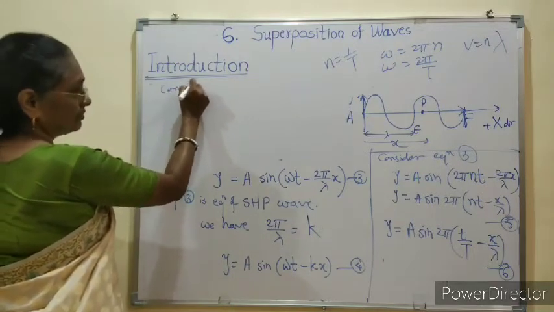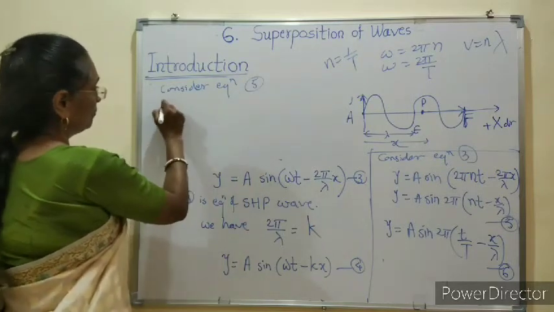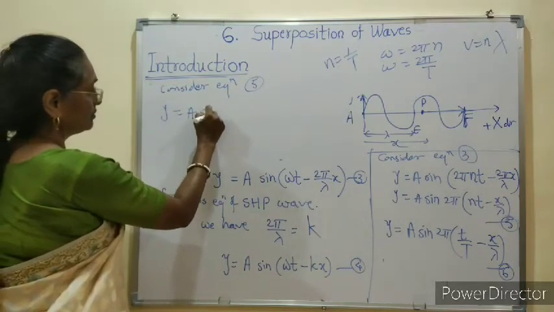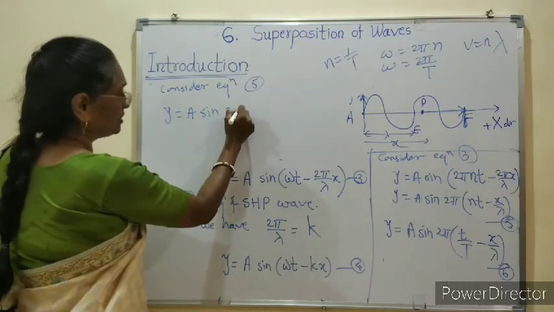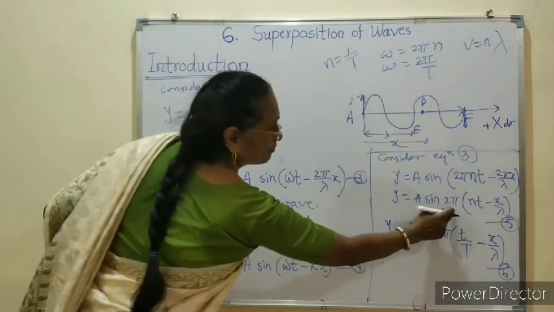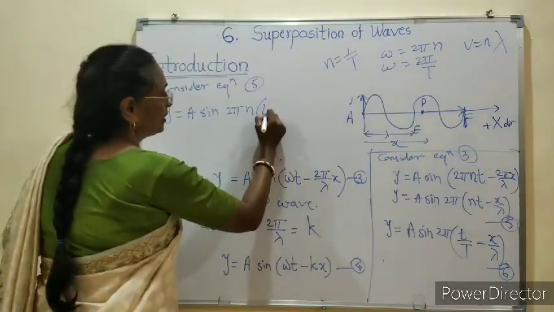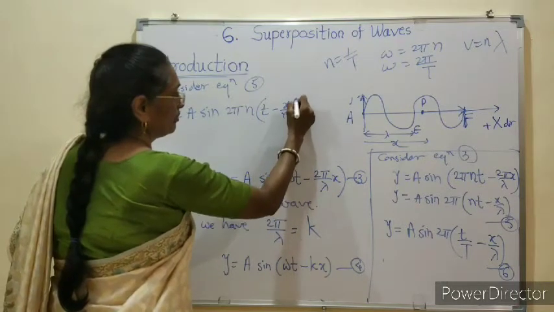Consider equation 5: y is equal to a sin 2 pi, n can be taken outside the bracket, we write t minus x upon n lambda.